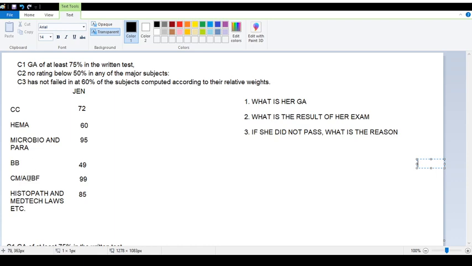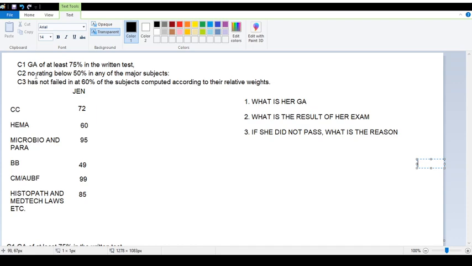For clinical microscopy and analysis of urine and other body fluids, that is only 10%. And histopath and medtech laws, that is also 10%. So that is a total of 100%. So we compute the average by taking into account the relative weights of each subject.